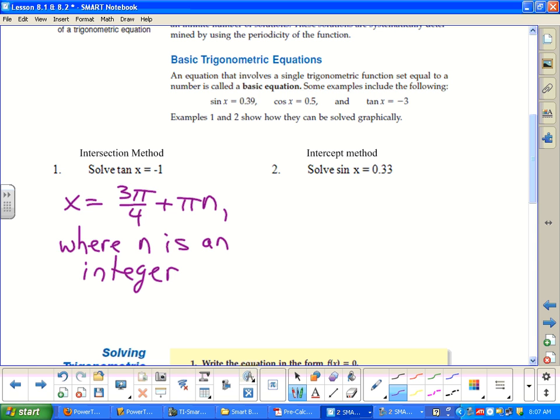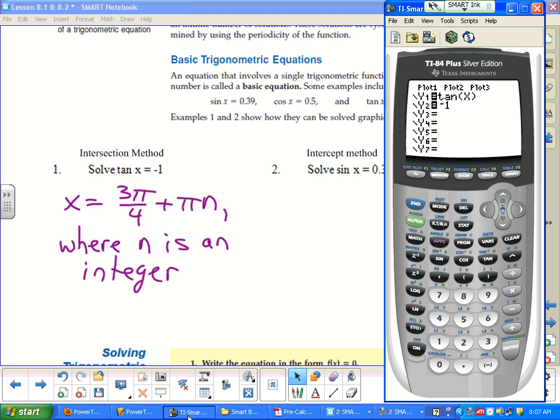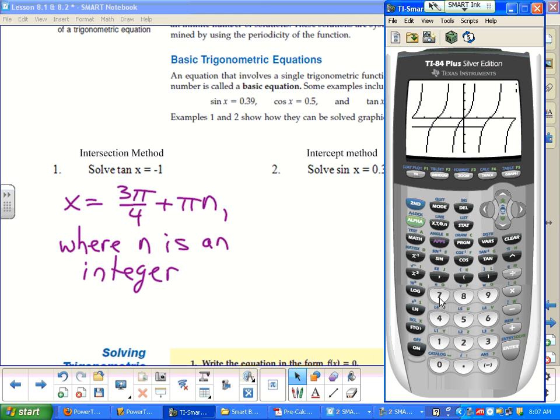All right, now that's according to our unit circle. If we look at it graphically, and we hit zoom 7, make sure you zoom 7 when you're doing this, we can find these intersection points also. So let's find the intersection point. Where do I go to do intersection point?